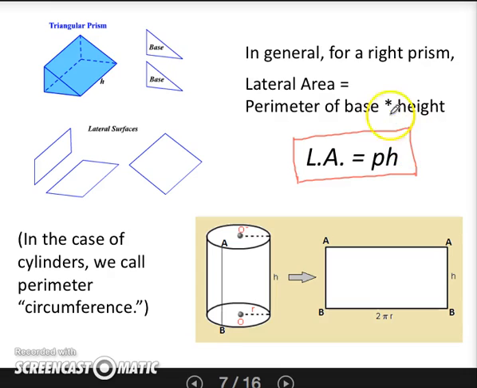And we've just shown why that was the case with this triangular prism. And in the case of cylinders, also known as circular prisms, we call the perimeter the circumference, but it's really the same thing. It's the distance around one of the bases. So the perimeter becomes this edge of the can's label, if you will, which is the same as the circumference of these circles.